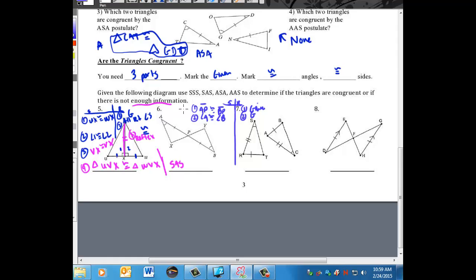Alright, so again, we're being asked, do we have enough information to prove that these two triangles are the same? So we have this triangle on the left and this triangle on the right. Are these two triangles congruent? We have an angle, a side, and a side. So you might think again there's not enough information. However, there is, because remember that vertical angles are always going to be equal.